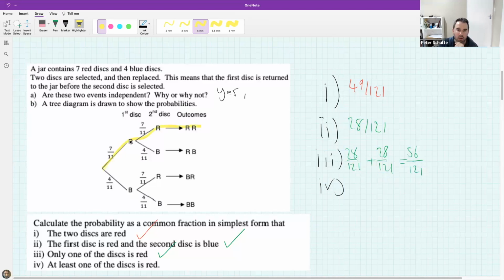Yes. In this path? Yes. What do you think the answer would be here?